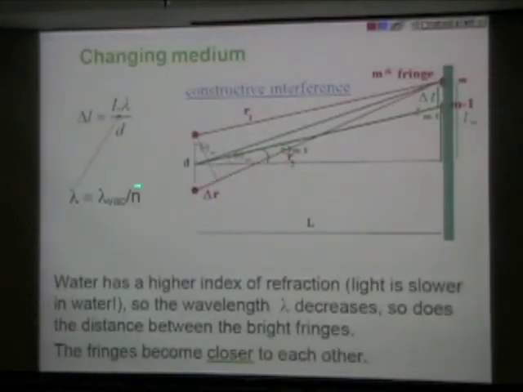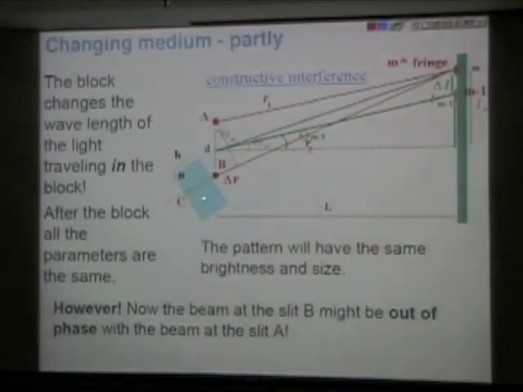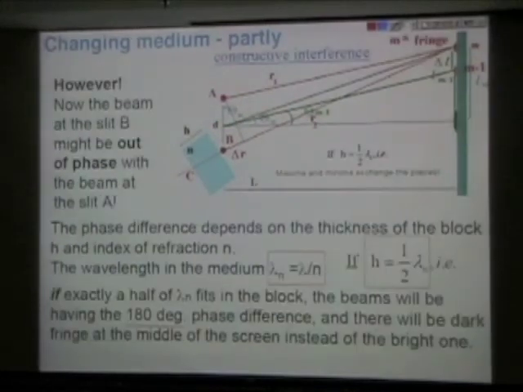We just said the wavelength changes, and when the wavelength changes, now these two sources are going to be out of phase. And when two sources or two slits are out of phase, the angle doesn't change, but the picture shifts. So here, right in the middle of this screen, we might not observe the maximum anymore. That maximum might be shifted.